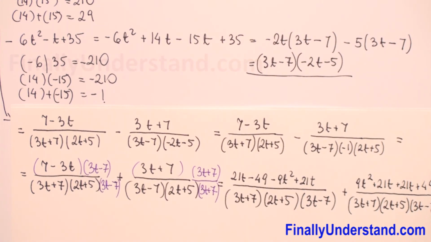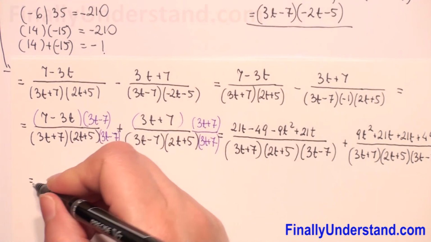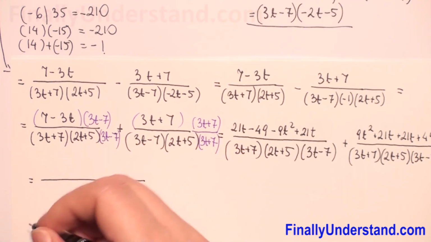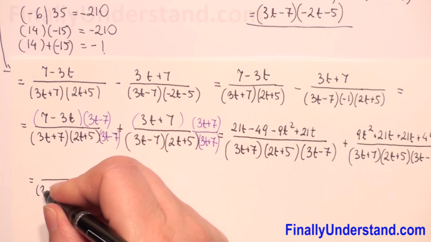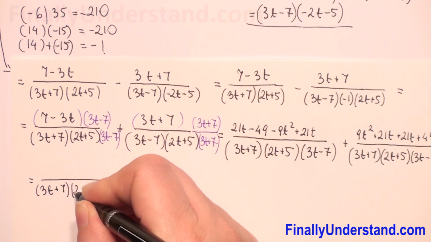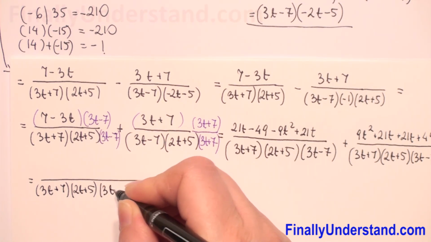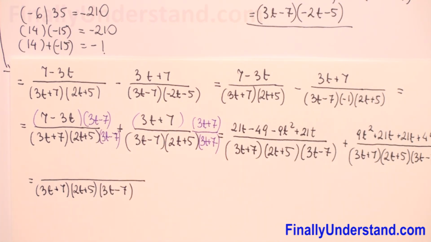So now when we have the same denominator, we can copy the denominator: 3t plus 7 times 2t plus 5 times 3t minus 7, and we have to add the numerators.